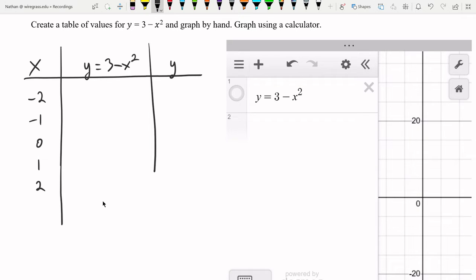If you don't know those things, you need to just test a bunch of values or just graph it on graphing software. So that's going to give us y equals 3 minus negative 2 squared, y equals 3 minus negative 1 squared, and so on.